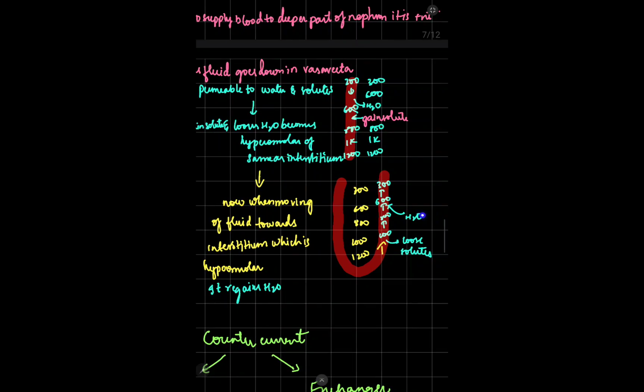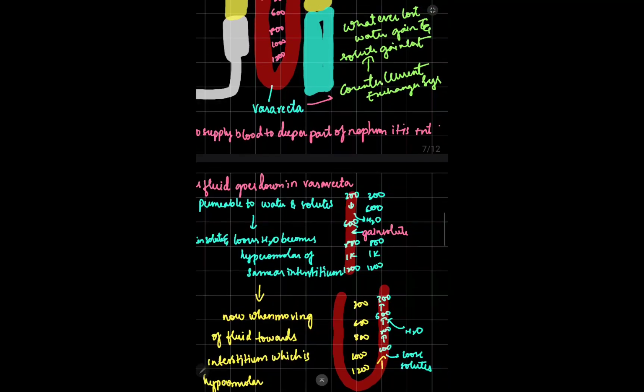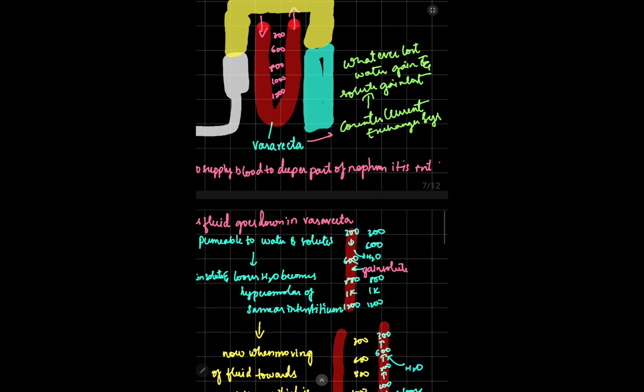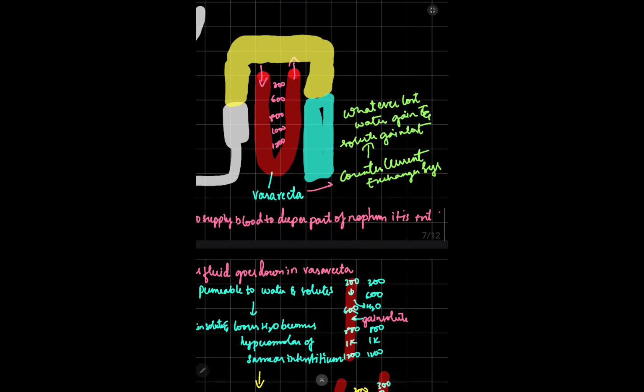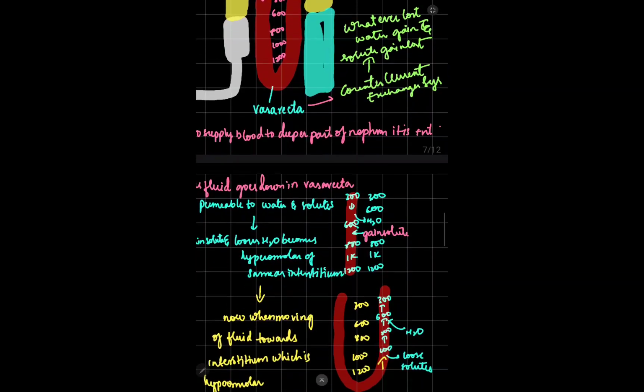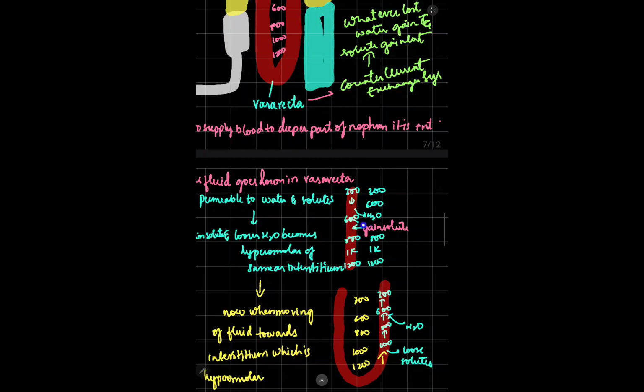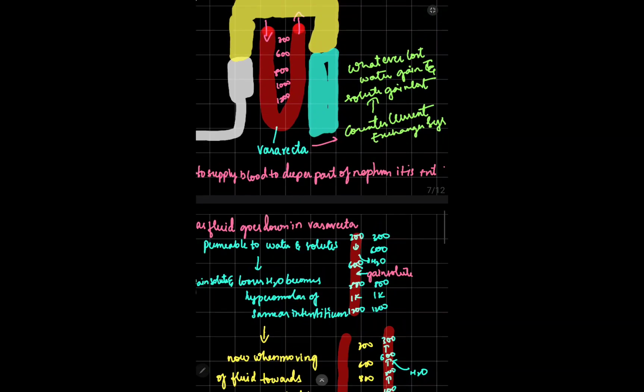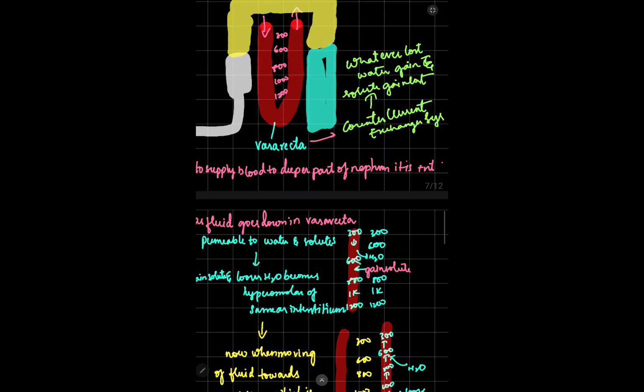All right, so it is a countercurrent exchanger system. Whatever water was lost is again gained, and whatever solutes were gained are lost while going back, right? So this is the countercurrent exchanger system. There is an exchange going on here.